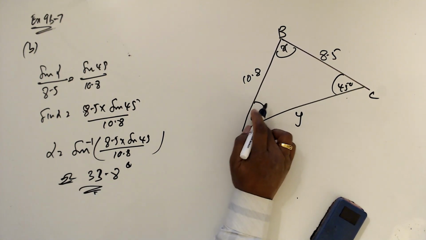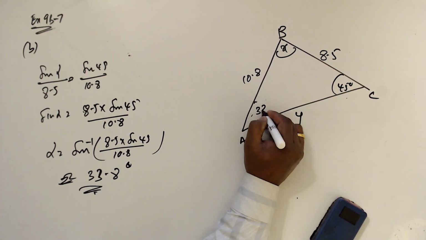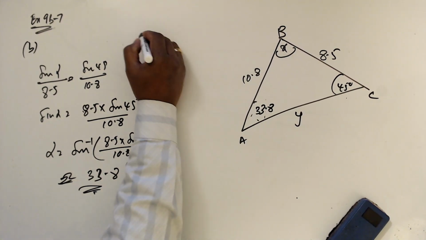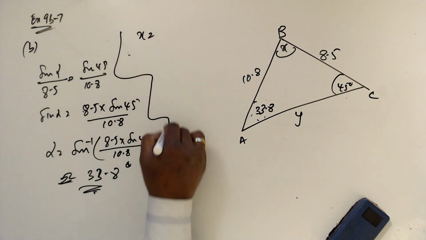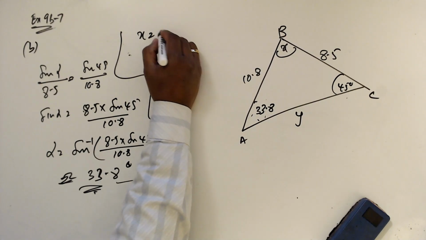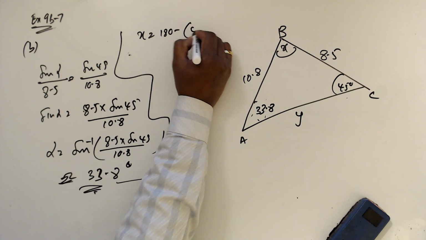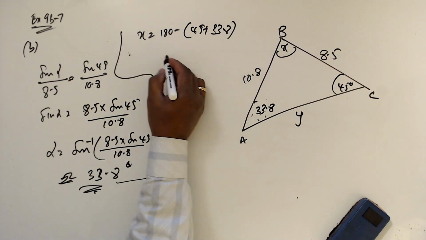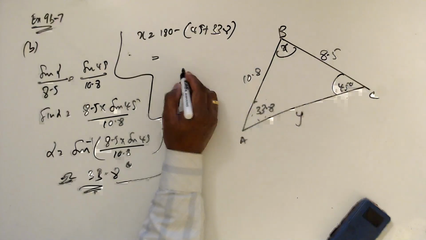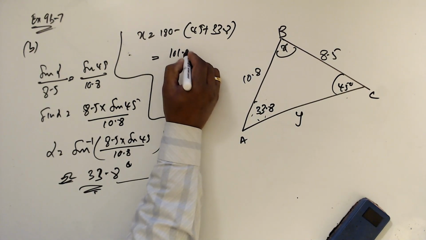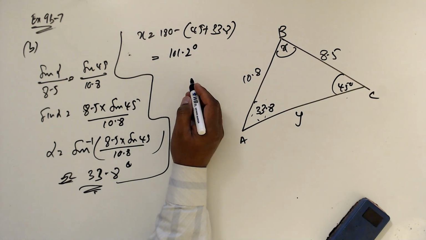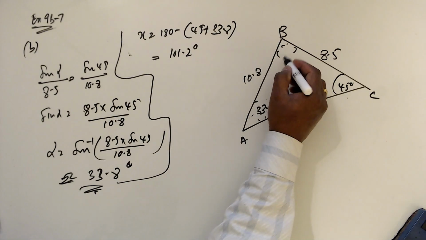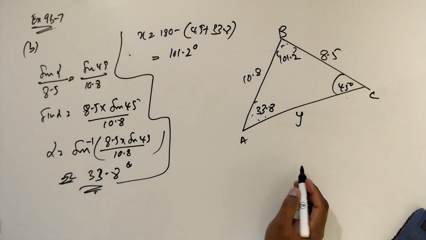And this one is 33.8. Now I can find x. x equals 180 minus (45 plus 33.8), which is 101.2. Now I can find y. I know now the x value is 101.2.